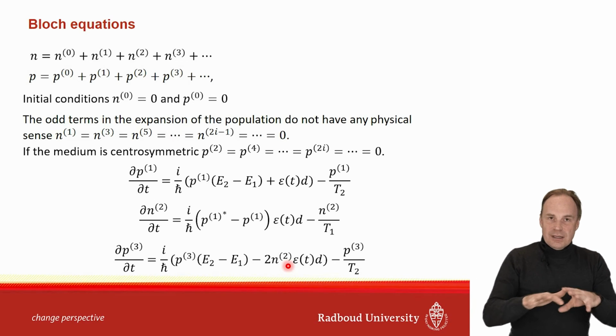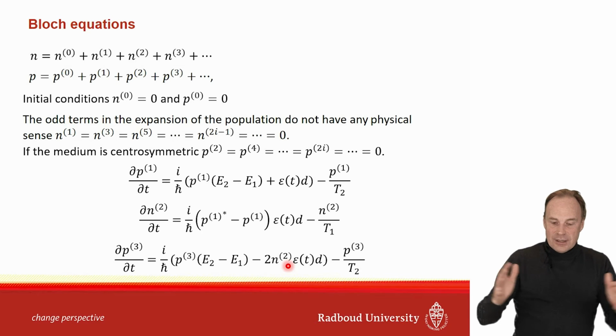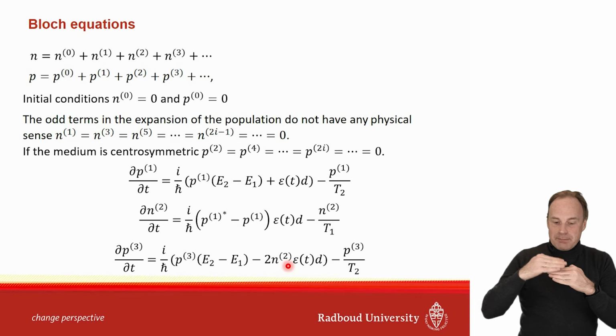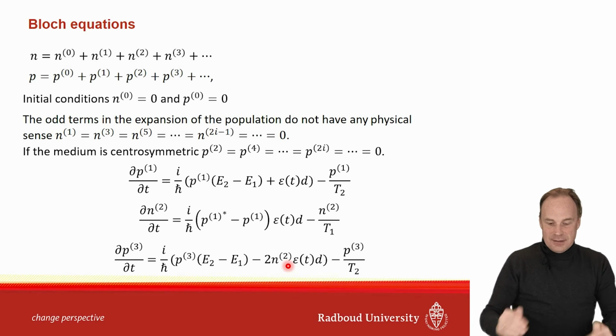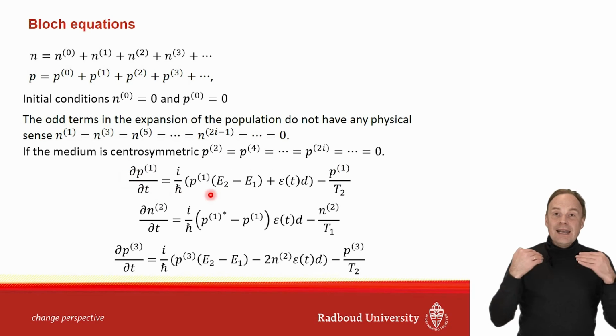So instead of looking at the two expressions for polarization and population, which, as I said already, are intrinsically nonlinear, we split the nonlinearities in steps. First of all, we calculate the polarization induced by the electric field, polarization P1, which is a linear polarization.